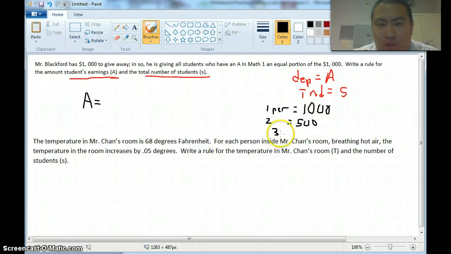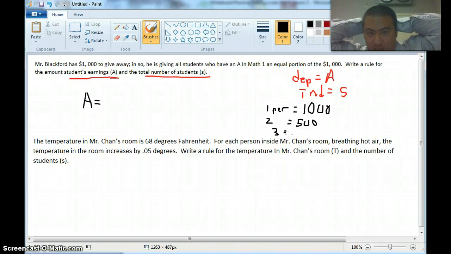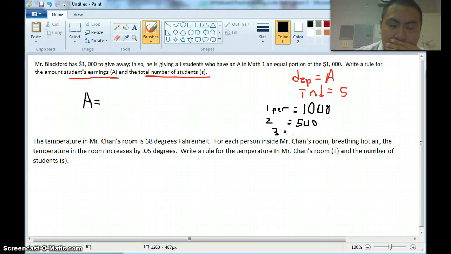Three people, well, how am I getting these things? I'm getting 1,000 divided by 1 is one person, 1,000 divided by 2, that's going to be 500 each. 1,000 divided by 3, that's going to be 333 and 33 cents each. For 4 people, I'm going to get 250. Okay, what kind of rule am I making here? Because in my head, I already know intuitively what it looks like.